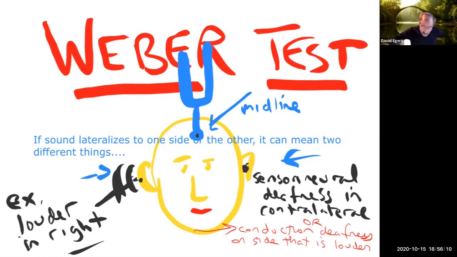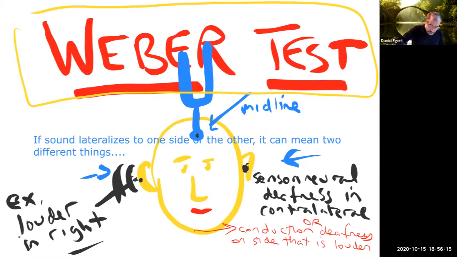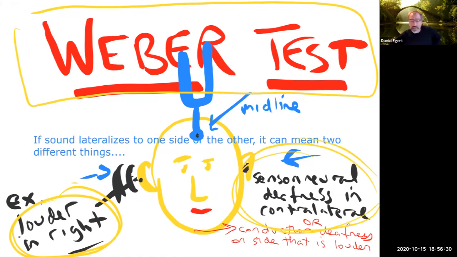So when you're interpreting the Weber test, there can be two possibilities. If it's louder in my right ear, it might be I have conduction deafness in my right ear, or it might be I have sensory neural deafness in my other ear. When you take the Weber test and the Rene test together, you can often figure it out.